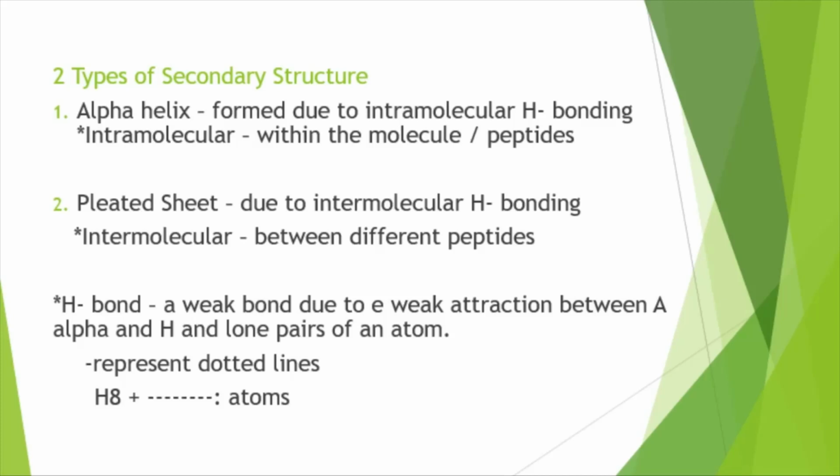Your hydrogen bond is a weak bond due to a weak electrostatic attraction between hydrogen and lone pairs of the atom. So your hydrogen bond is represented by dotted lines. Okay? So that's your hydrogen bonding.